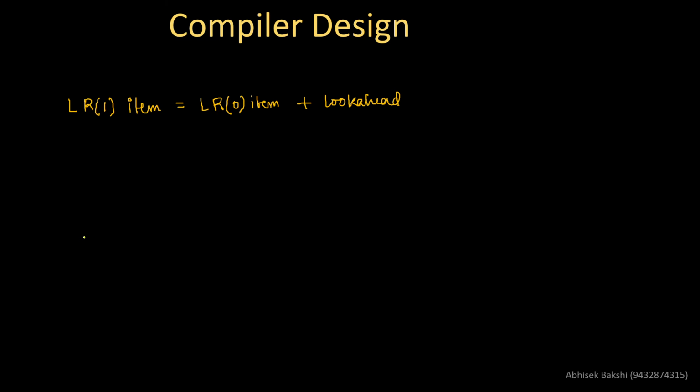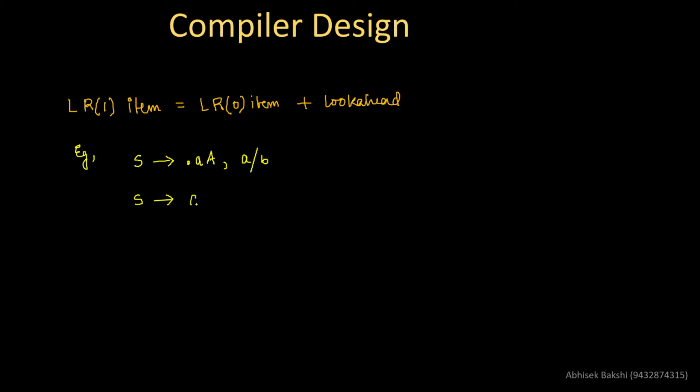So assume that we have a grammar something like S to dot A, capital A, and then after a comma I will write either a or b. Either a or b, or maybe there is another production rule something like S to A dot.